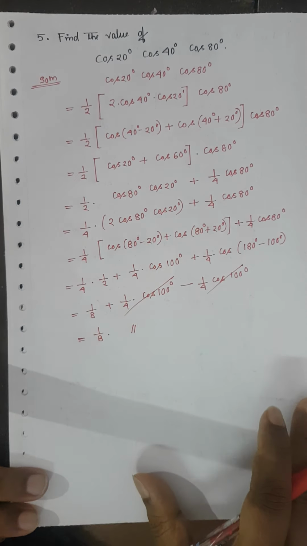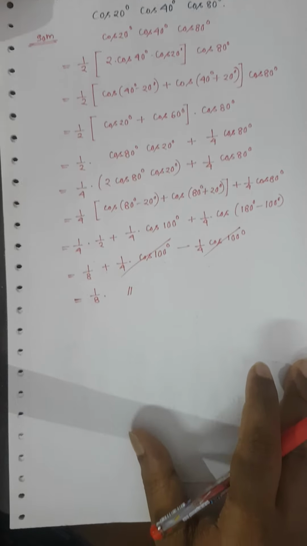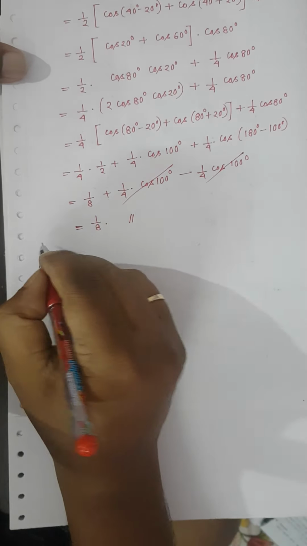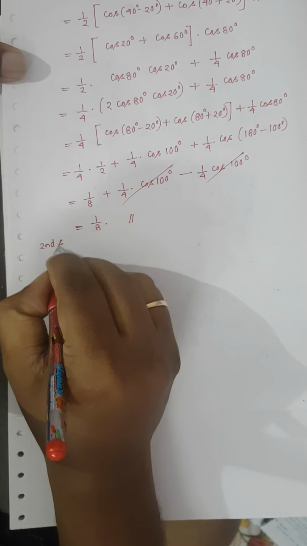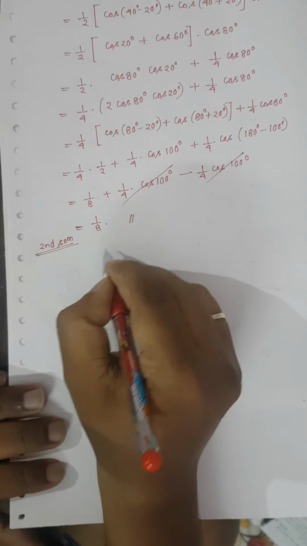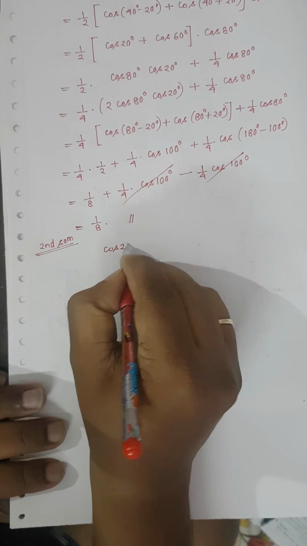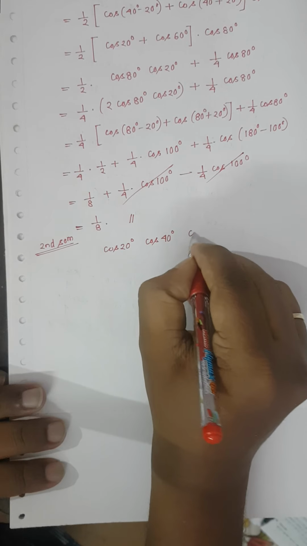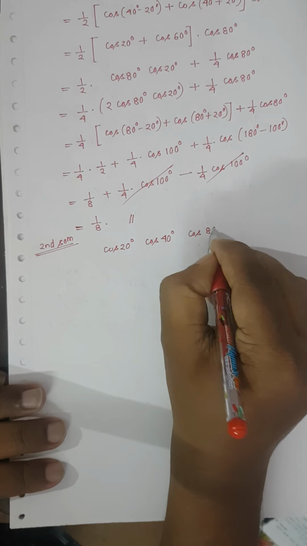This is a very good problem. Now I will discuss another solution of this. This is the second solution. You are given cos 20 into cos 40 into cos 80.